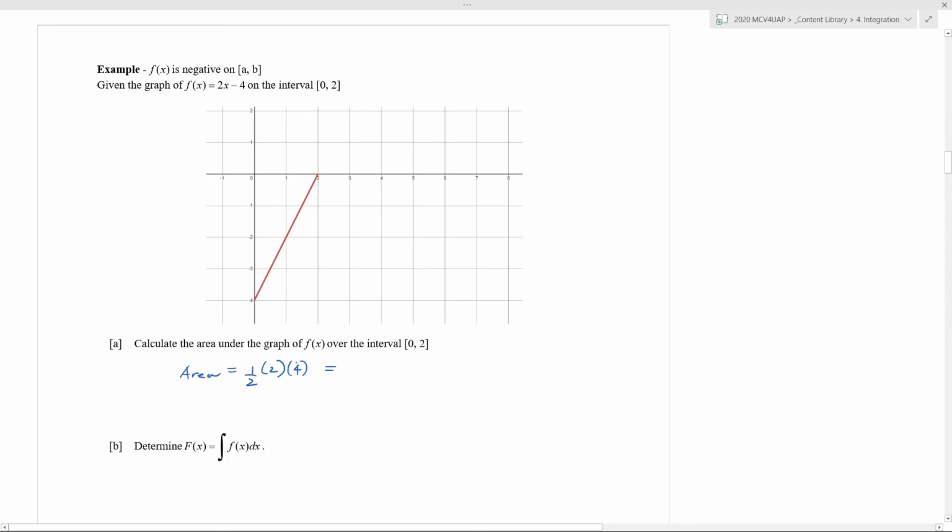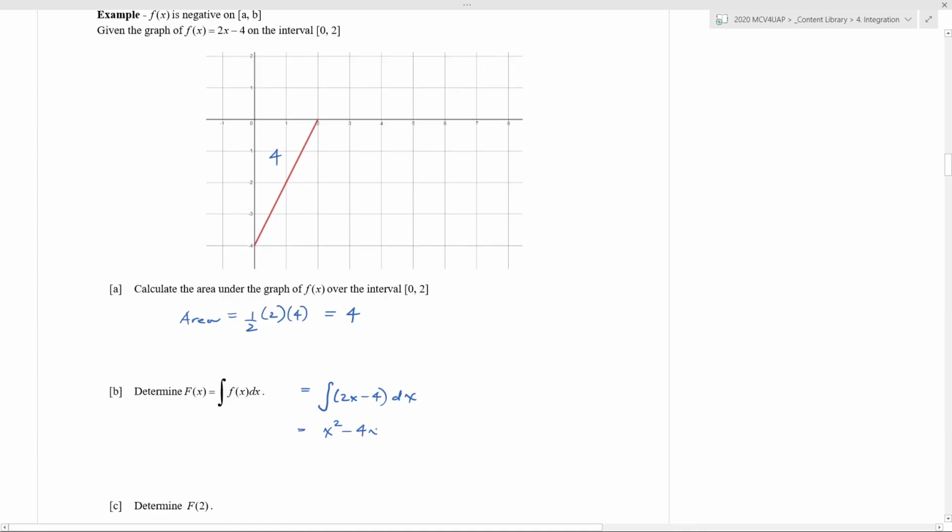So let's determine the antiderivative of f of x. That's equal to the integral of 2x minus 4 dx. That would be x squared minus 4x plus a constant. Evaluate that antiderivative at the endpoints.